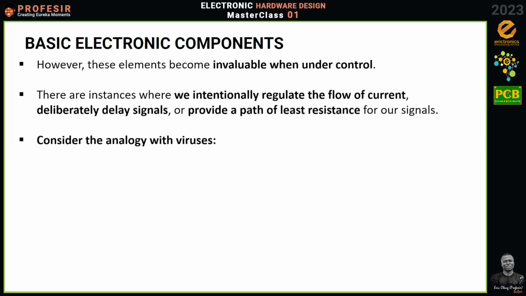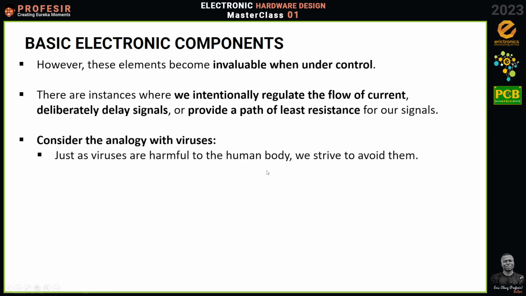Is that okay? So let's look at this analogy. I have this analogy that I do with viruses, right? So remember when COVID came, the world was crying and searching for an antidote, right? A solution to COVID. And COVID is a virus. Usually the way you treat a virus is by using vaccines, right?